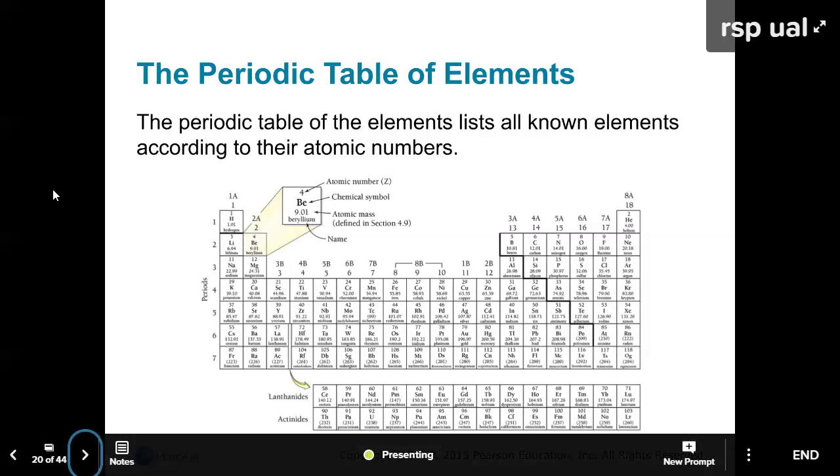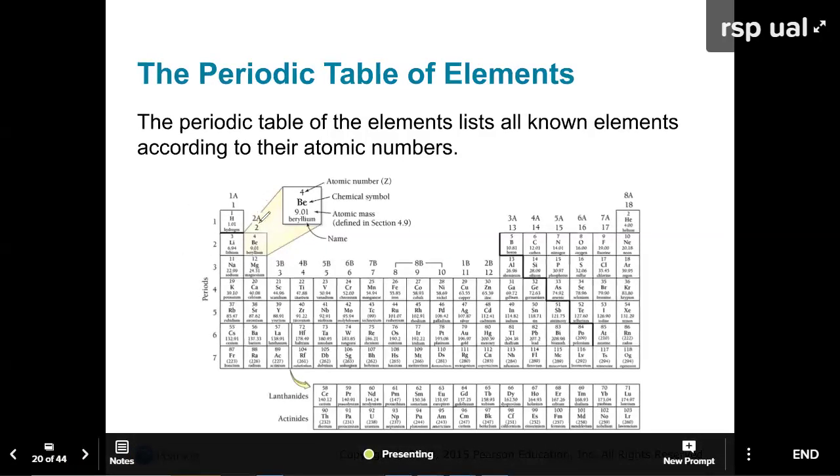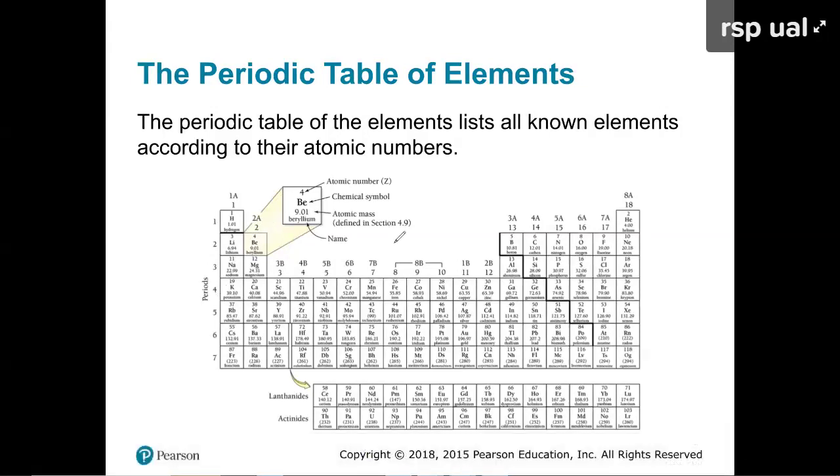So first thing that we should do, our periodic table is organized in two ways. We have the periods. So periods are rows.